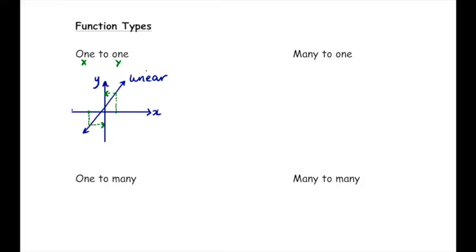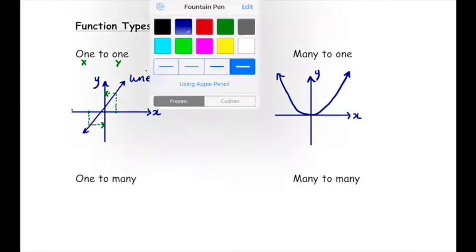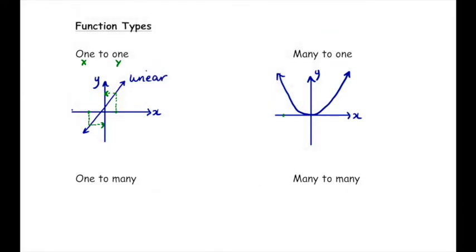So we also have many-to-one functions. Let's have a look at what that might look like. I've got my set of axes, my x-axis and my y-axis. An example of this might be a quadratic curve. A quadratic curve looks like this, and it extends forever in each direction. Now this time, for every x value that I pick, I find a y value.